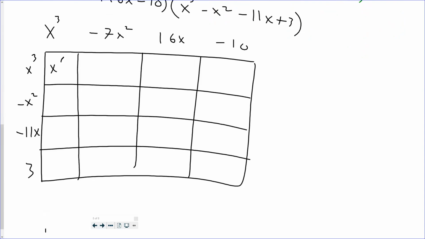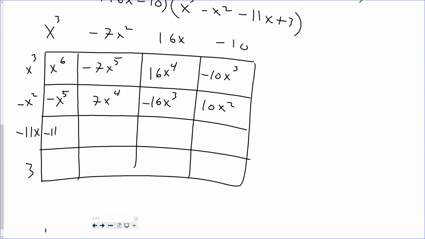So x to the 6th, negative 7x to the 5th, positive 16x to the 4th, negative 10x cubed. Then negative x to the 5th, positive 7x to the 4th, negative 16x cubed, and 10x squared.